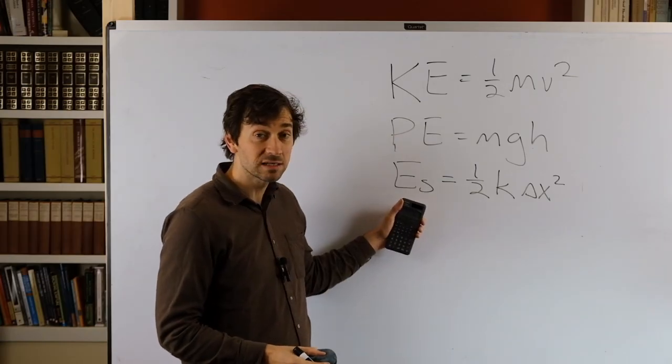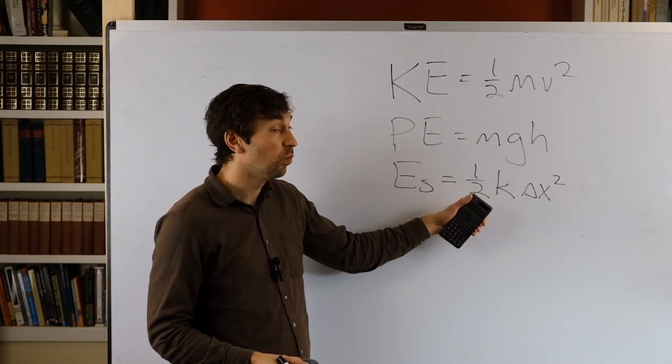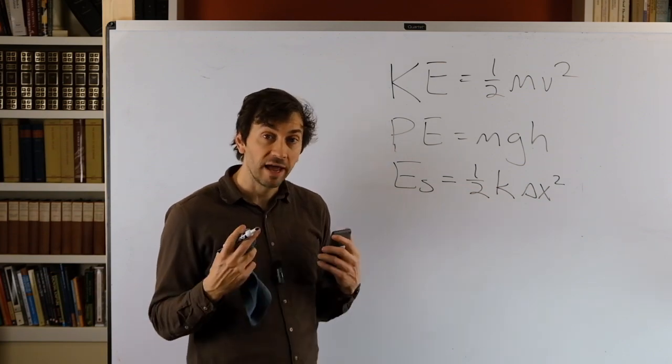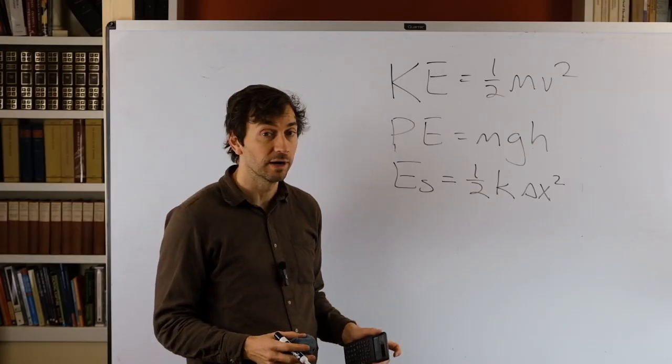So this is ES, energy of a spring, is 1/2 K delta X squared. So the energy of a spring is 1/2 Kx squared.